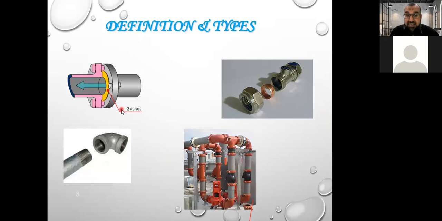And is this enough? No, you have to have a gasket. A gasket is a small piece, very thin, 3 millimeters thick. It sits between the valve and the flange to avoid any leakage or seepage from this assembly. The assembly here has these bolts and nuts. If there is no gasket, a lot of leakage will happen.